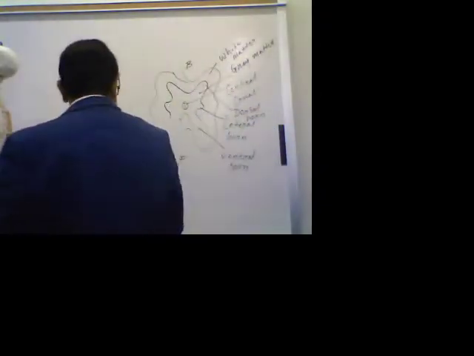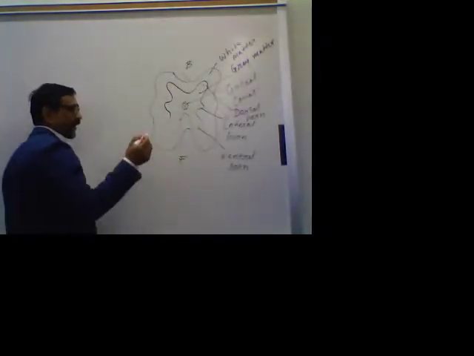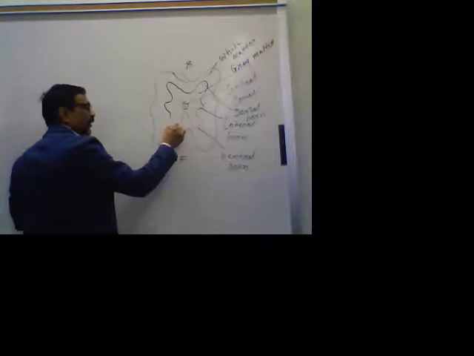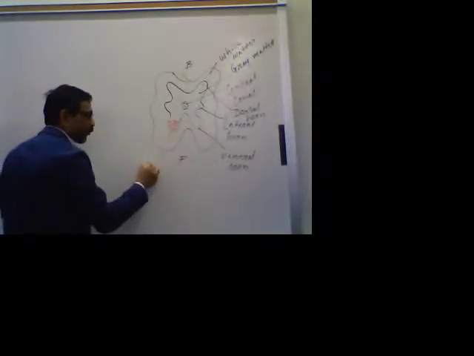Now, you already know that gray matter contains the cell bodies of neurons. That's why it looks gray. I have mentioned that a few times already. So you have the cell bodies of neurons. In the ventral horn, you have motor neurons.